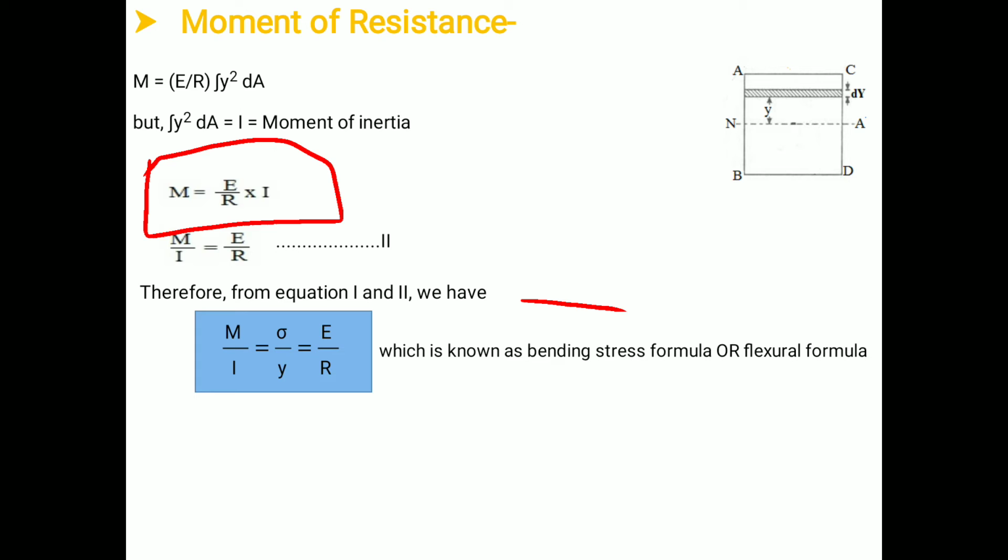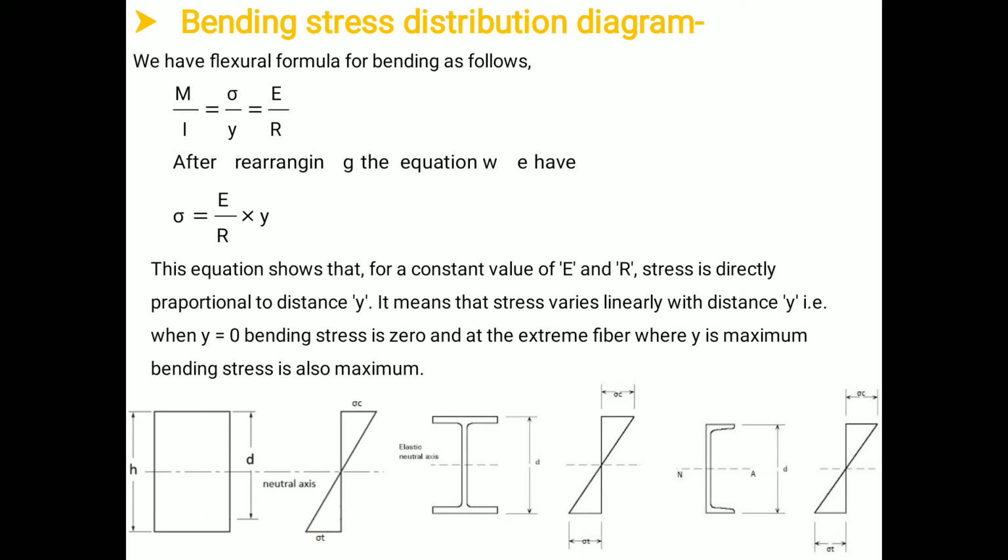Y is the distance measured from the neutral axis, as shown in the figure. E is equal to Young's modulus of elasticity and R is known as the radius of curvature. This formula which we have derived is based on the theory of pure bending.